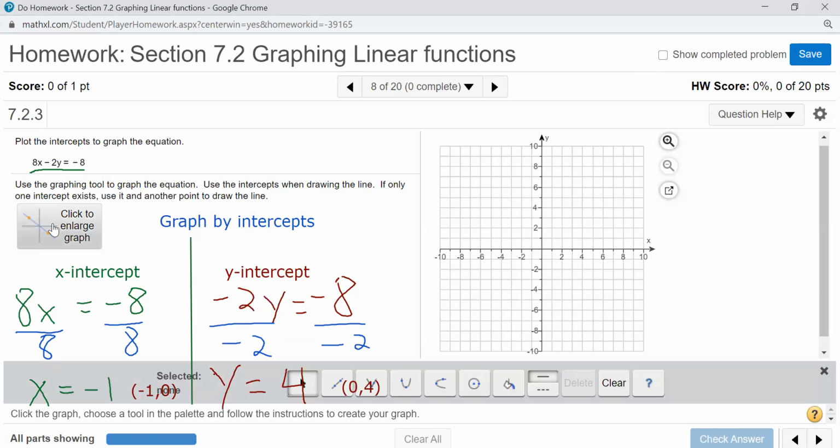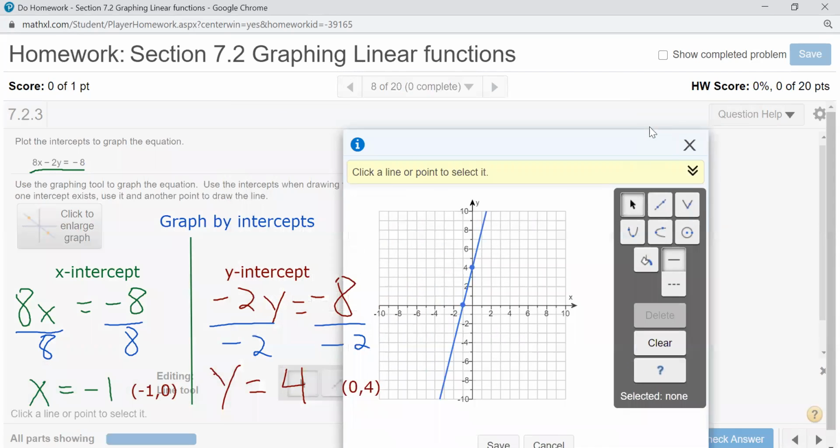And now we're ready to graph this guy, -1, 0. So I'm going to grab the line tool. There is the point -1, 0. 0, 4 is this point here. Bada bing, bada boom, you got that thing graphed. And you're right to be skeptical. Excuse me.